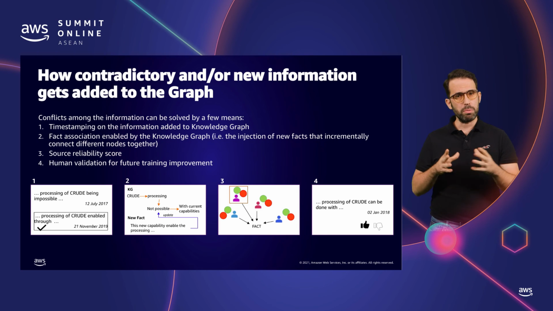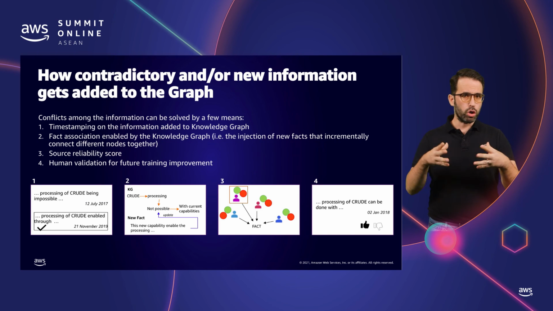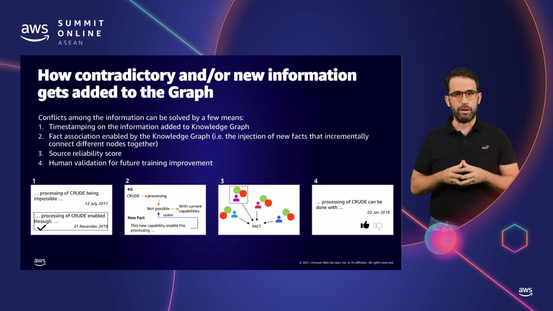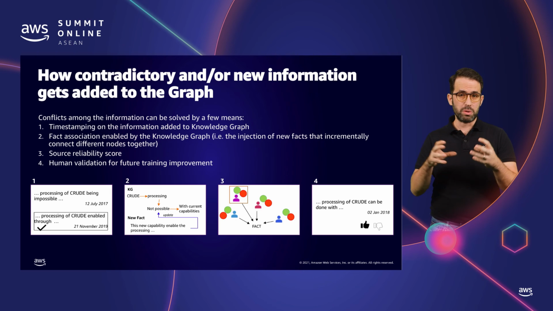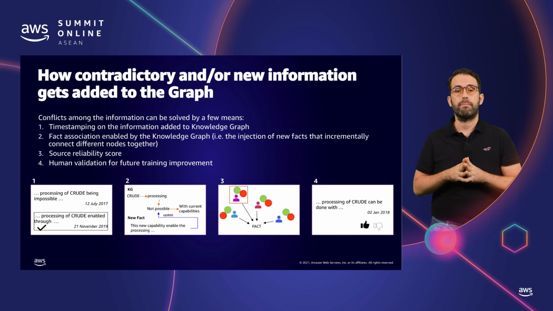Of course, sometimes new or contradictory information can appear, creating conflict during the ingestion. Handling such cases can be done in different ways. First, by looking at the timestamp of each piece of information, which allows us to update the list of facts in our knowledge graph with the most recent one, for example.